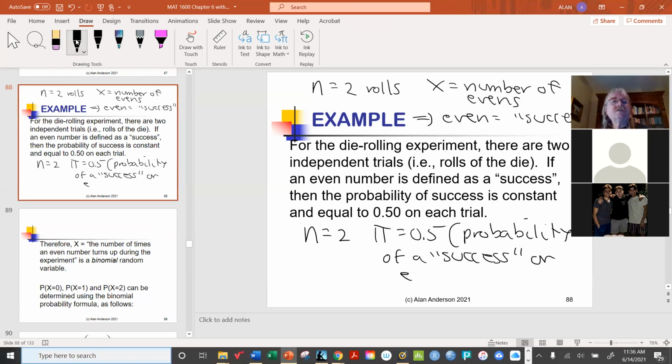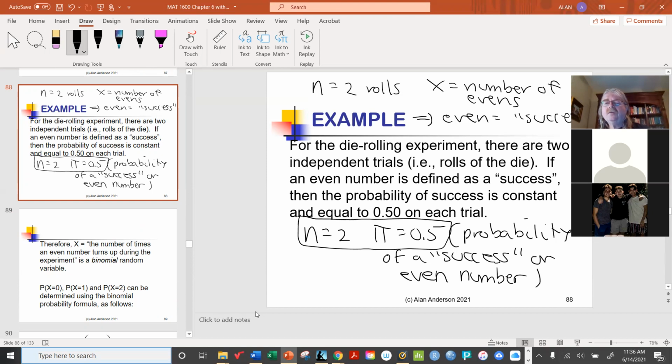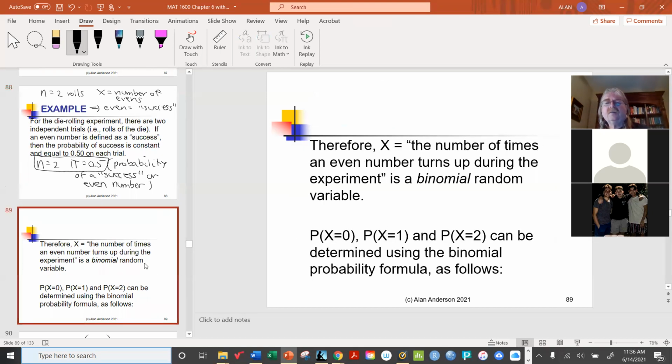That's only because we chose that to be the case. It's always true that pi is the probability of success, but we decided to define success as an even number. And remember, we said that these are the only two numbers you need to uniquely characterize the binomial distribution.